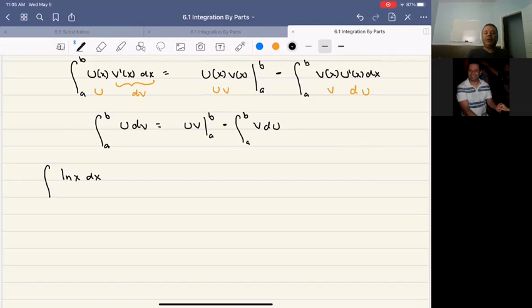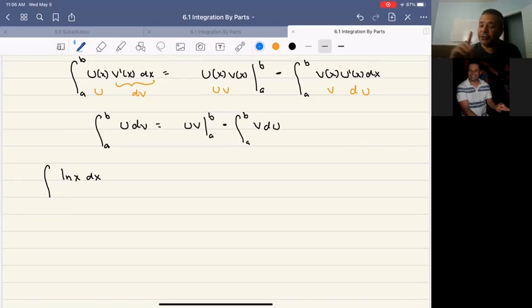What's nice about this is that it enables us to take the integral of natural log of x. I don't know what function has a derivative of natural log of x, at least not yet, but I will in a second. So I'm going to fit this into my thing.